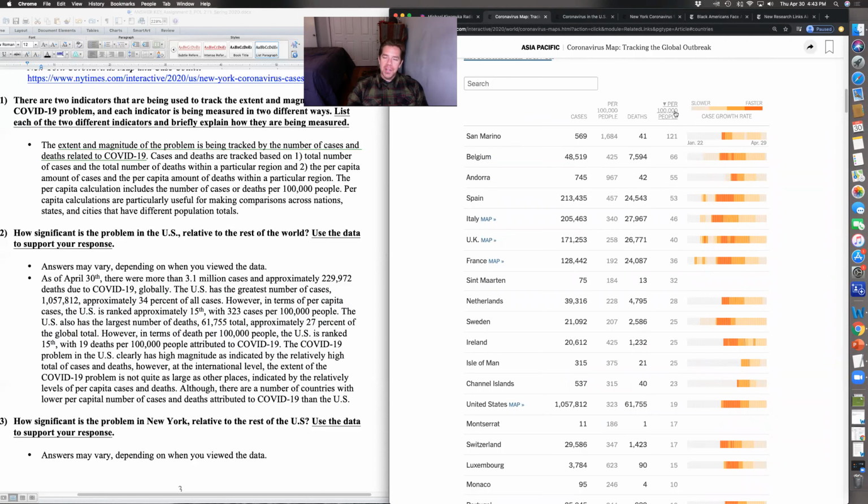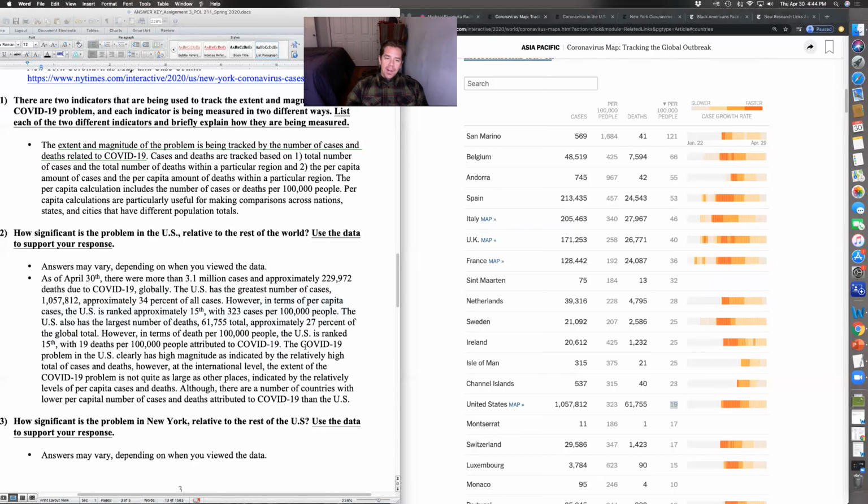And we can see, again, when we do that, that the US pops down. San Marino, which also had the highest number of cases per 100,000 people, pops up to the top again with 121 deaths per 100,000 people. And we can scroll down here, and we can find the United States with about 19 deaths per 100,000 people from COVID-19.